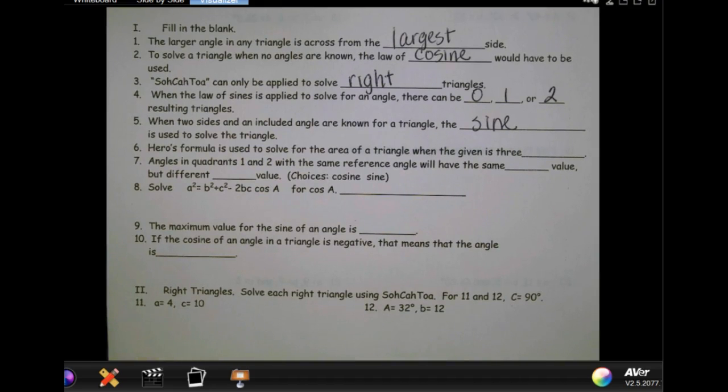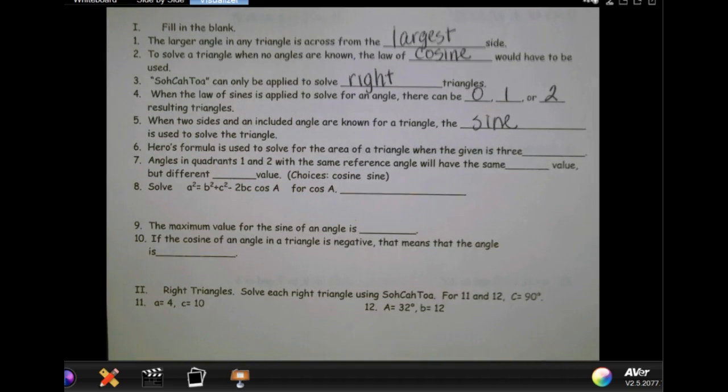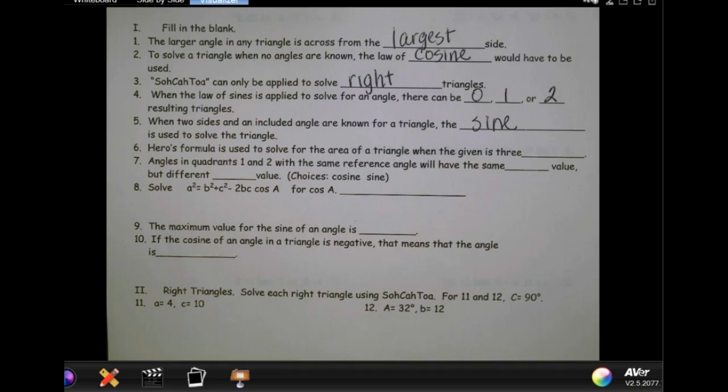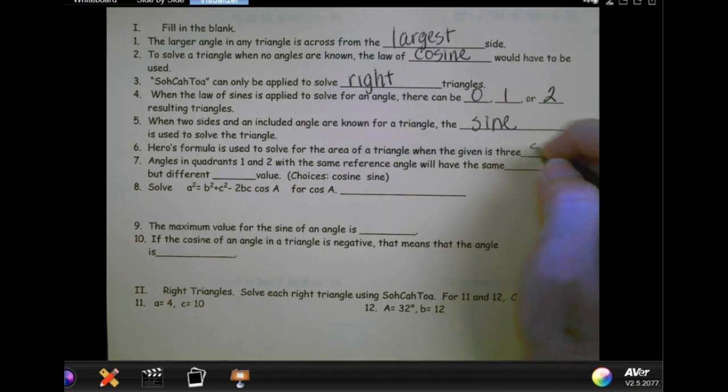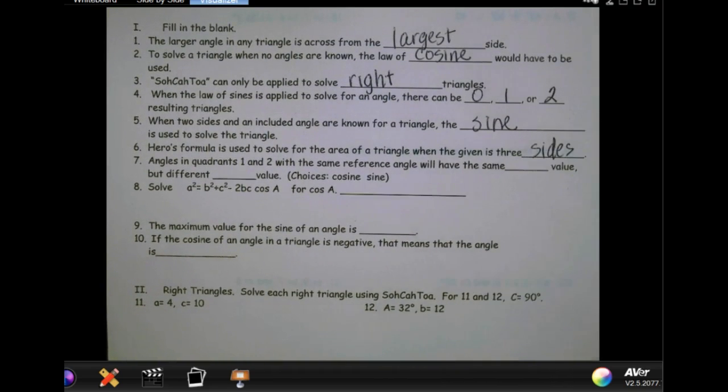Heron's formula is used to solve for the area of a triangle when the given is 3 what? 3 sides. That's the one where you have to find the semi-perimeter first and then the square root.